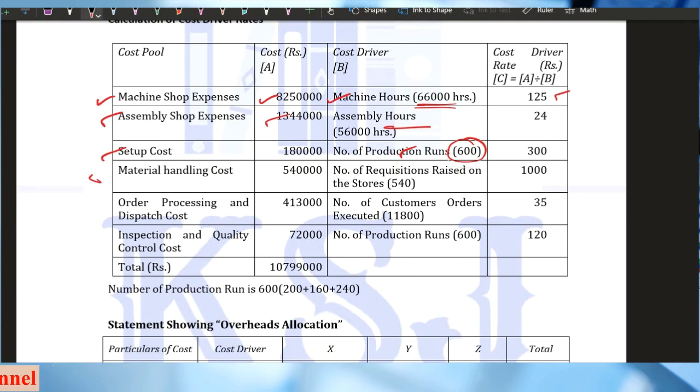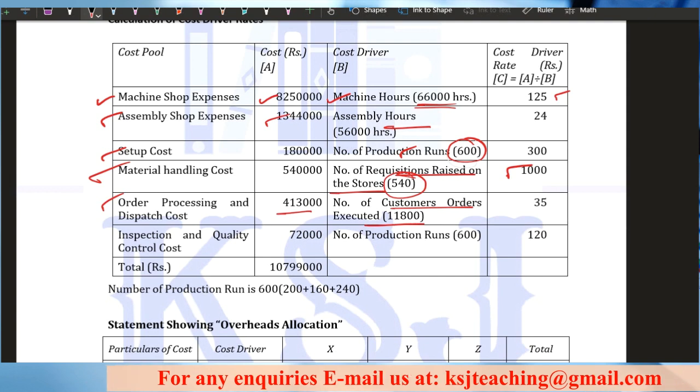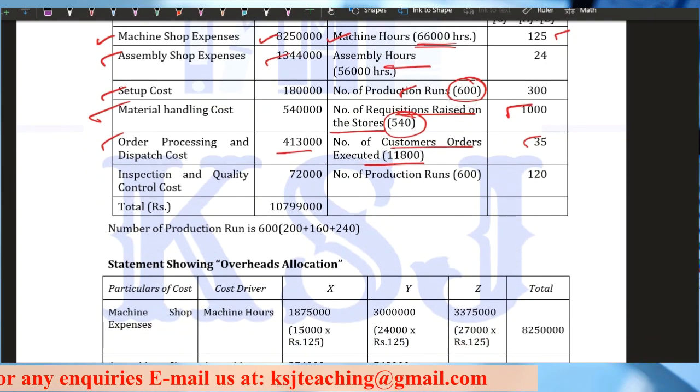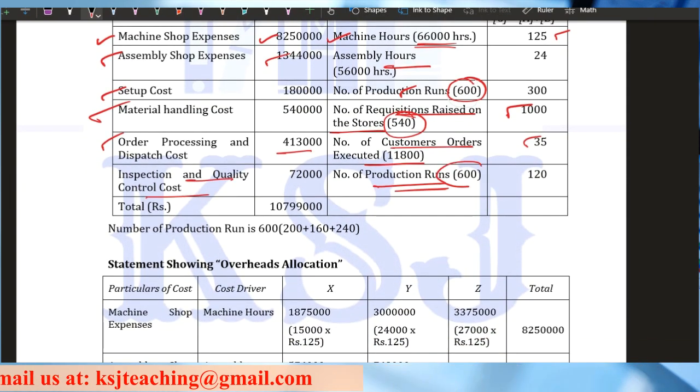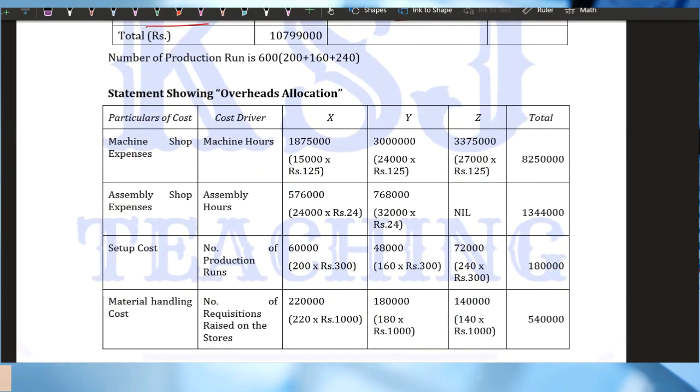Material handling cost, number of requisitions raised on the store, 1000. 540 requisitions are raised. Order processing and dispatch cost, total number of customer orders, and CDR you have calculated. Inspection and quality again on the number of production run, that is 600 to 120, right? Then you have to just distribute this cost on the basis of that.